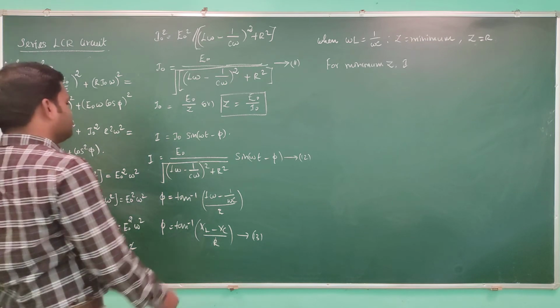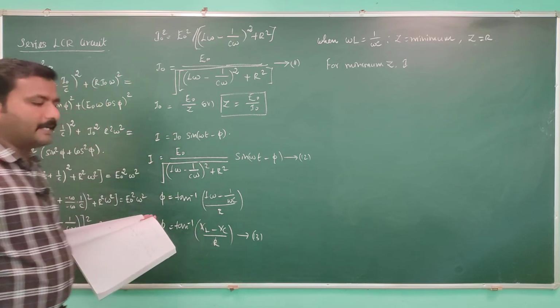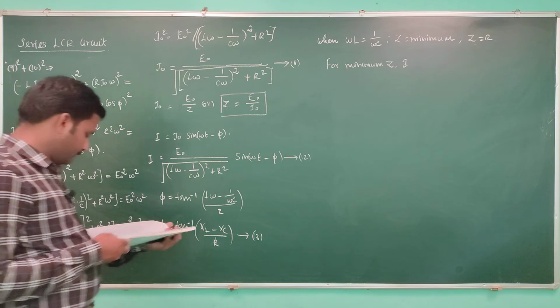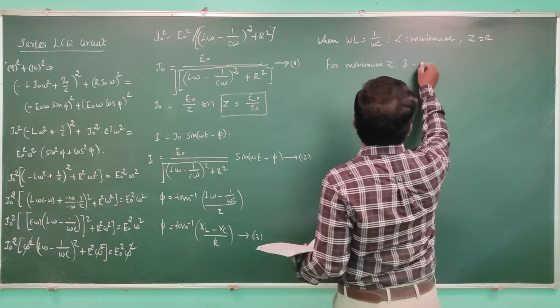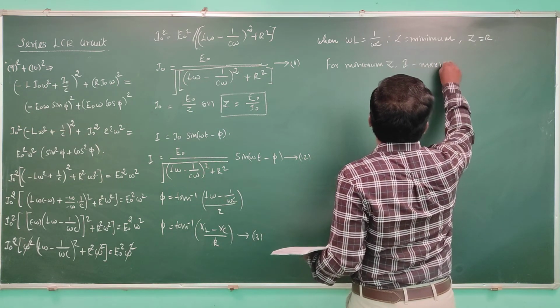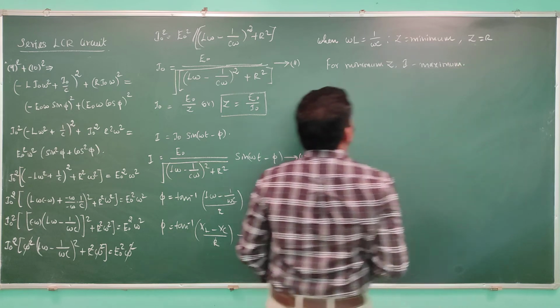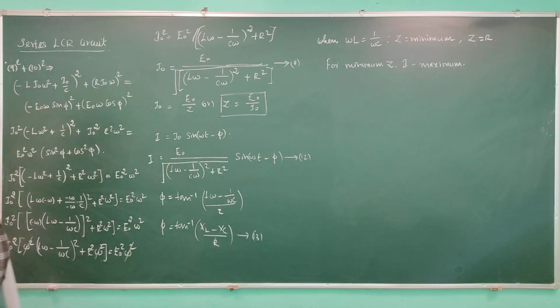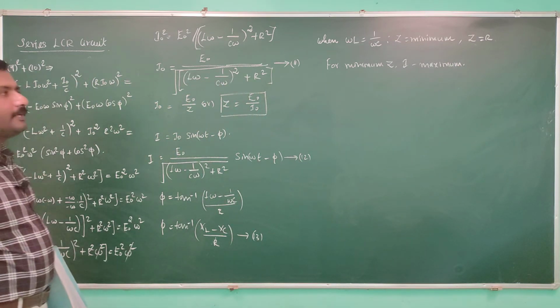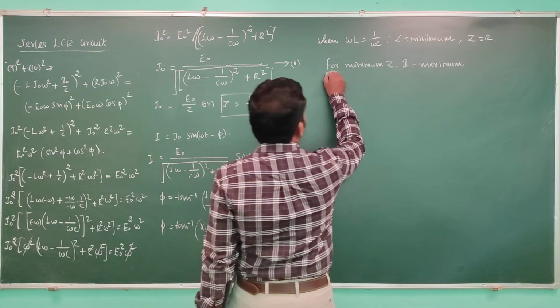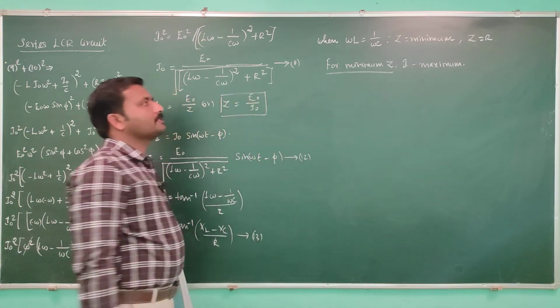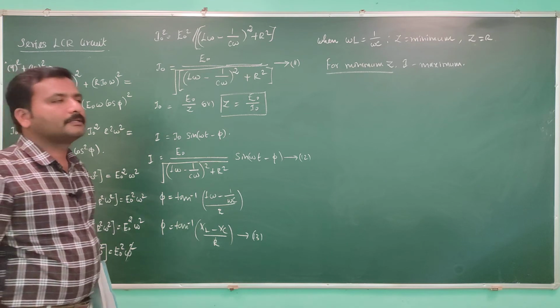So I naught is maximum, so that the current I will be maximum.